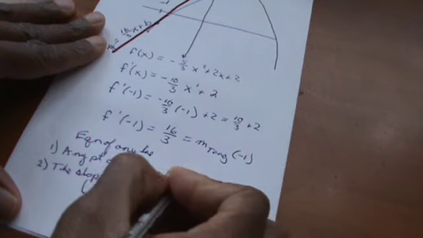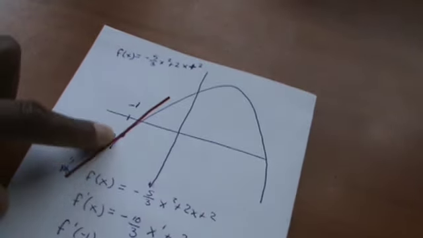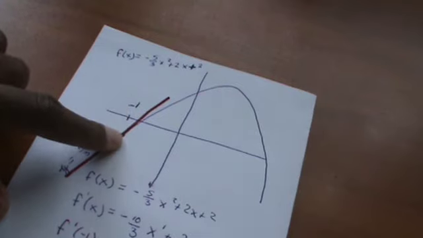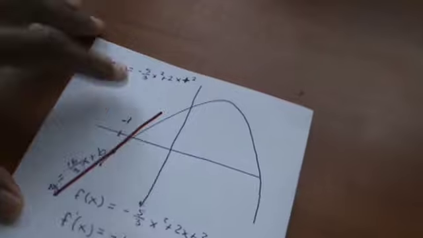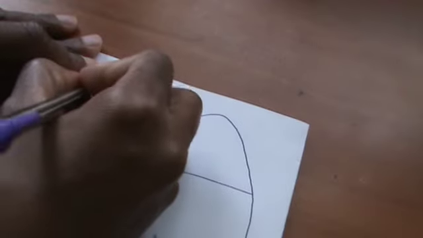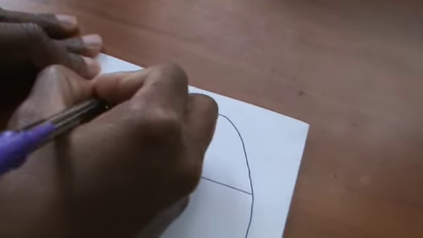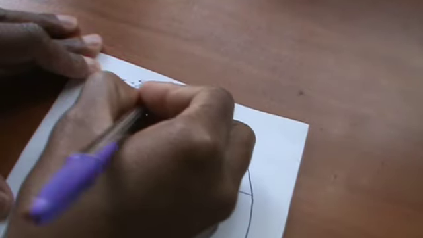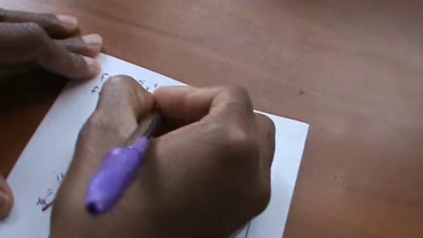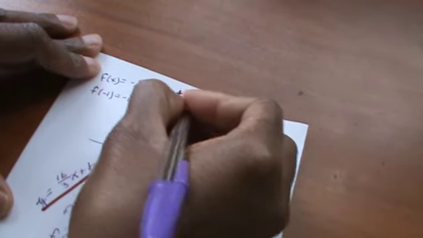So what I could do, I could go all the way back up here and say, if x equals negative 1, what would be this corresponding y? Well, I plug it back into this function here. So I'm going to do the work up here because I have the space for it. So f of negative 1 equals negative 5/3 times negative 1 squared plus 2 times negative 1 plus 2.